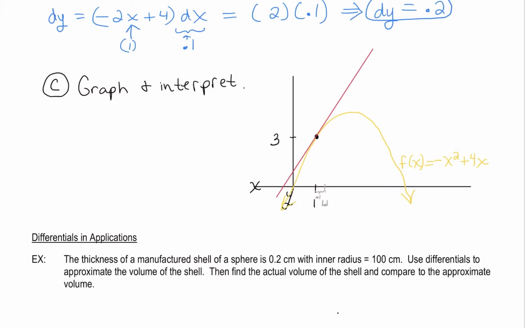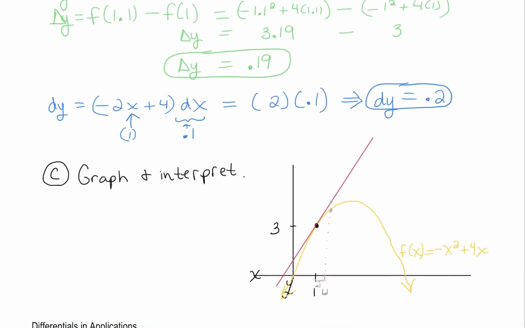And so if I take 1.1, and I just bring this up to my function here, maybe it would hit the function right about here, and it hits my tangent line right about there. All right, so what did I just find here?